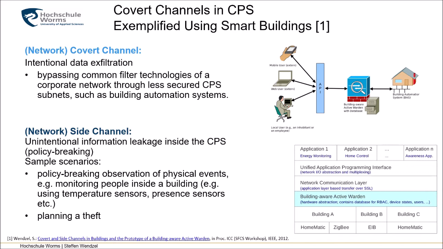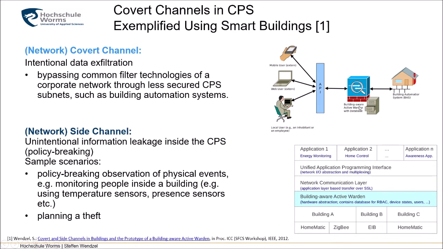And I introduced a so-called building-aware active warden that has a database of all users and their roles. It can be even a multi-level security system, but it can also use other access control mechanisms like role-based access control, things like that. And different users can only access the automation equipment, whether it's in the building or remote, or whether it's an IoT sensor or whatever it is, only through the unified API over the warden.